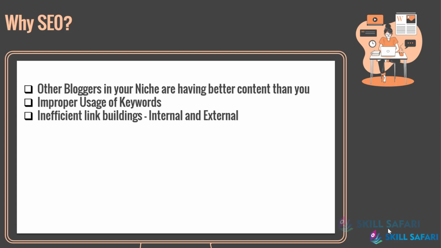Also, one more reason is insufficient link building, be it on page or off page, which we will discuss at a later stage. For internal link building, if your articles are not properly linked to each other, that might be one reason why Google is not showing it in the results page.